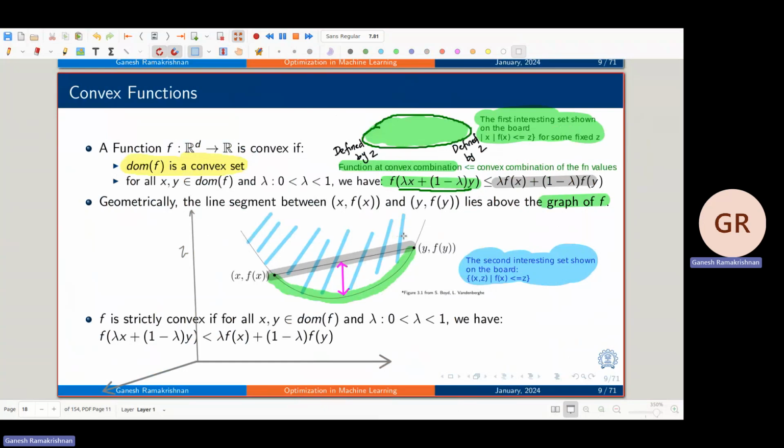It's the set of all points above the function. That also happens to be a convex set. Very intuitive: if the function is convex, the set of all points above the function is convex.